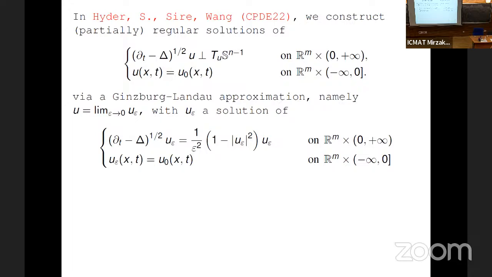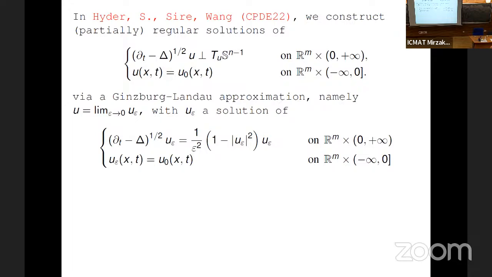Since this equation is non-local in space and time, you impose a kind of initial condition also for negative time. So you are given a function u0 which depends on x and might depend on t, and you impose that your solution should be equal to u0 from minus infinity to 0.